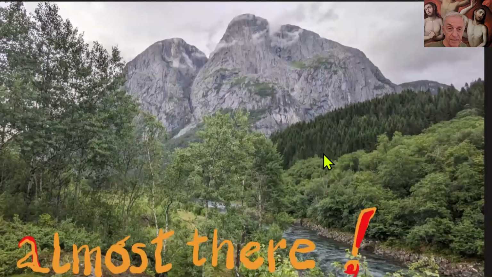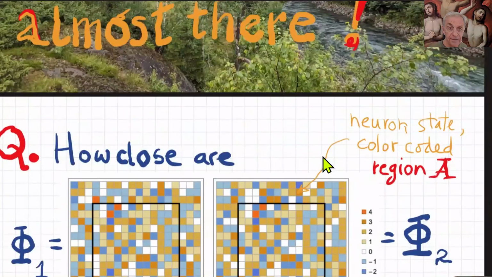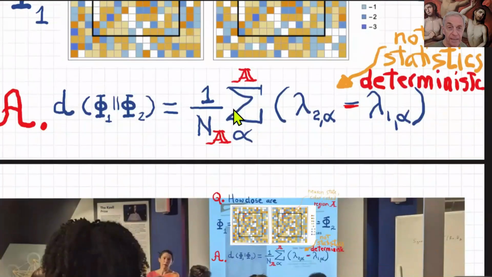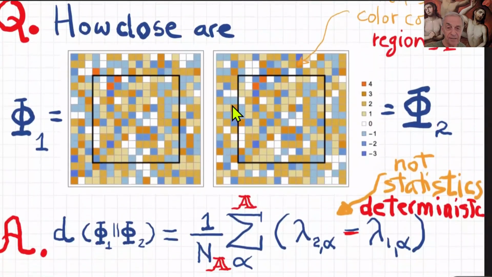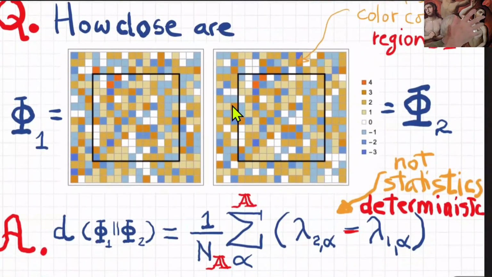And almost there. The answer now is how close these two are. I say don't use Euclidean distance, it makes no sense, but try to compare how sensitive they are to jiggling. And that is intrinsic to the patterns. And therefore, I can assign an average distance in that space.